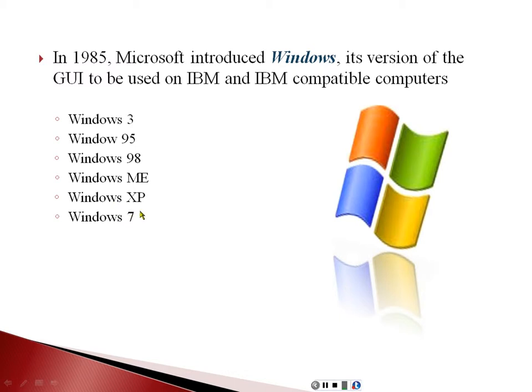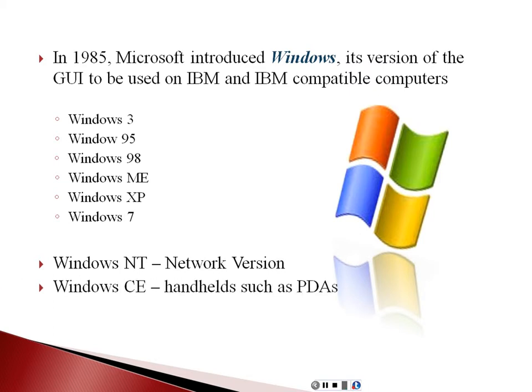We had Windows Vista in here. So all different types of editions that just add more and more capabilities with every new version that comes out. Windows also has something called Windows NT, and that's just the network version of Windows. And also Windows CE, which is used on handheld devices such as PDAs.